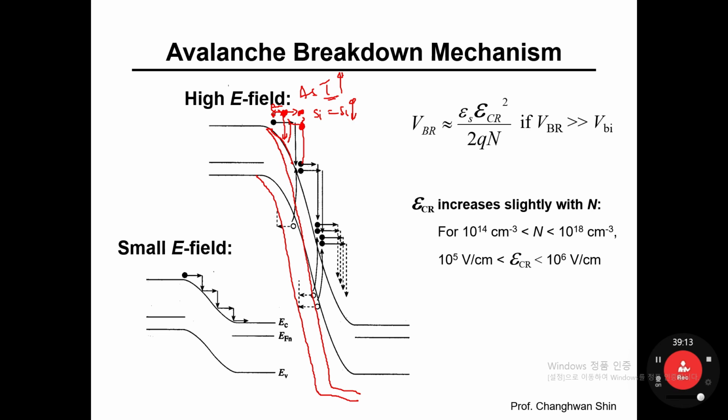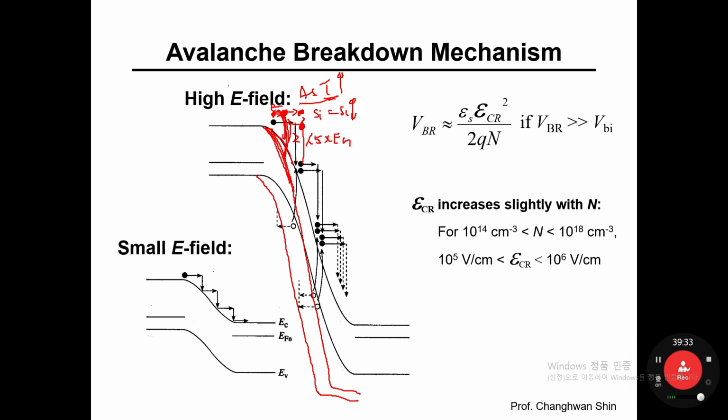Even though scattering events happen more frequently, due to the increased band bending the kinetic energy should be higher than 1.5 times the bandgap energy.